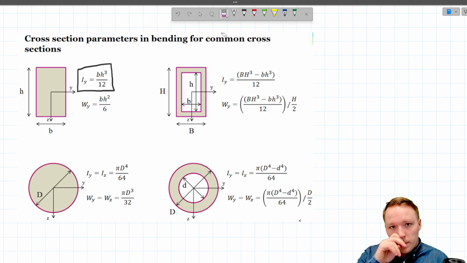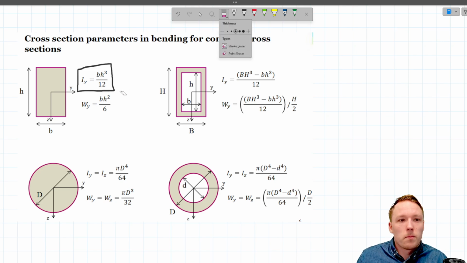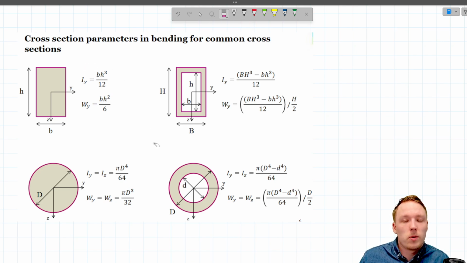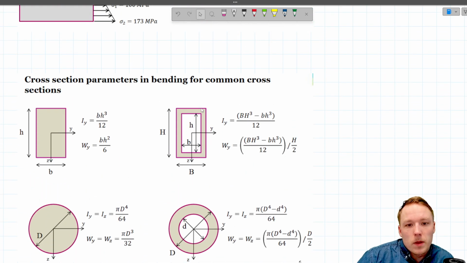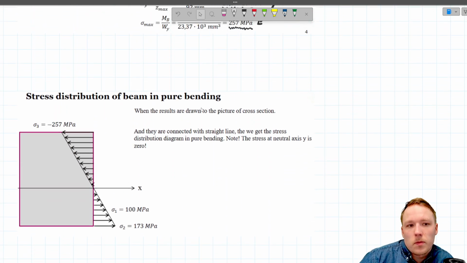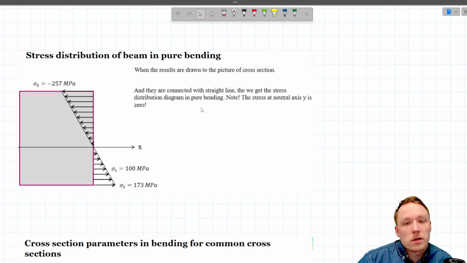Okay, well, from your formulas data sheet, you will find these basic equations. They are listed in your formulas data sheet, so you don't have to learn these by heart. With this information, we can now start calculating some basic examples of bending stresses on basic profiles.